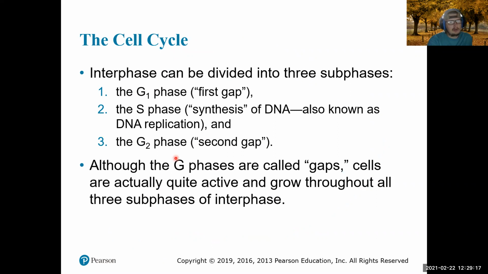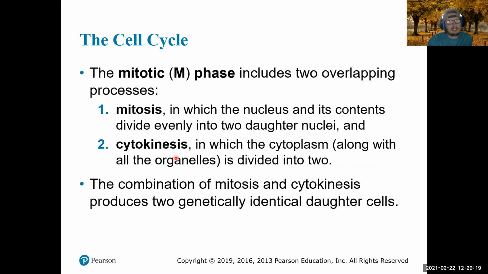All right, so once you leave the interphase portion of the cell cycle, the cell undergoes the mitotic phase. And the mitotic phase has two processes that kind of overlap one another. The first is mitosis, which is where the nuclear contents divide evenly into your two daughter nuclei.